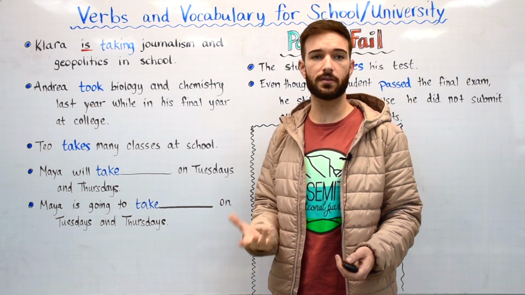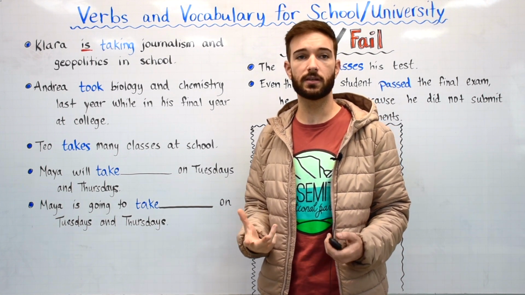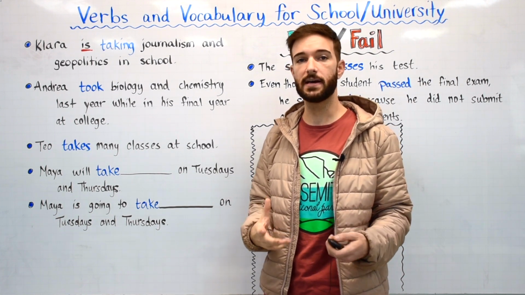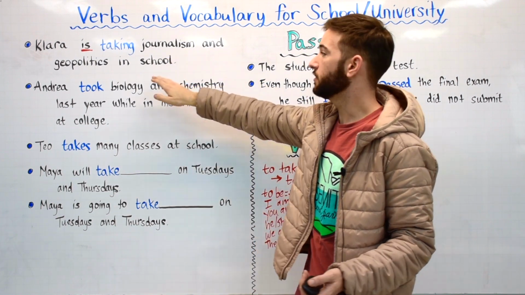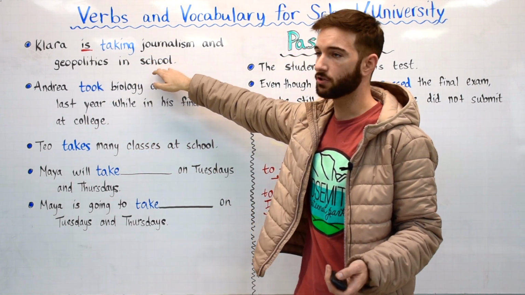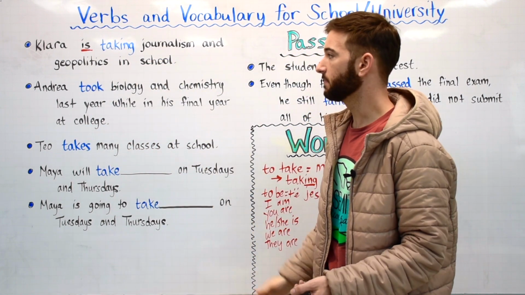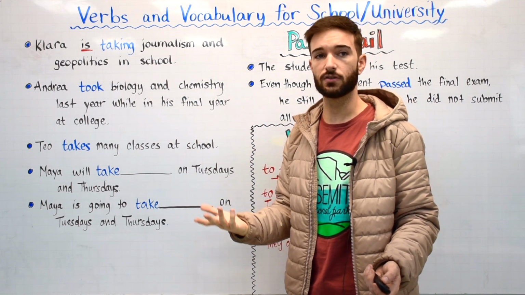Kështu mund ta përkthejmë këtë fjali në shqip: Clara po merr gazetarinë, which is journalism, dhe gjeopolitikën, which is geopolitics, në shkollë ose në universitet. Sometimes even when we're in university, we say in school.